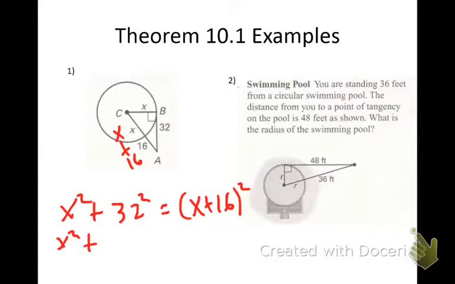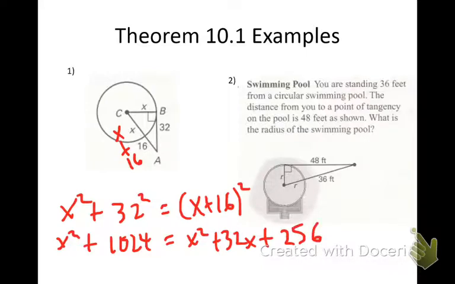Eric? 1024. 1024 equals, then we do FOIL on the right side, x squared, okay, it's going to be 32x plus, what's 16 squared? Is it 256? 16 times 16? Somebody do that real quick. 256, okay. So that's 256.